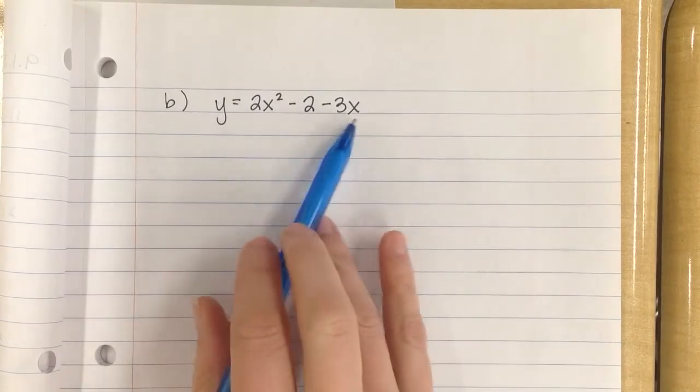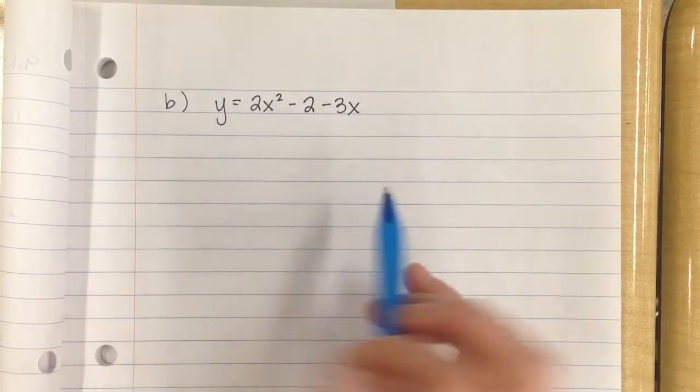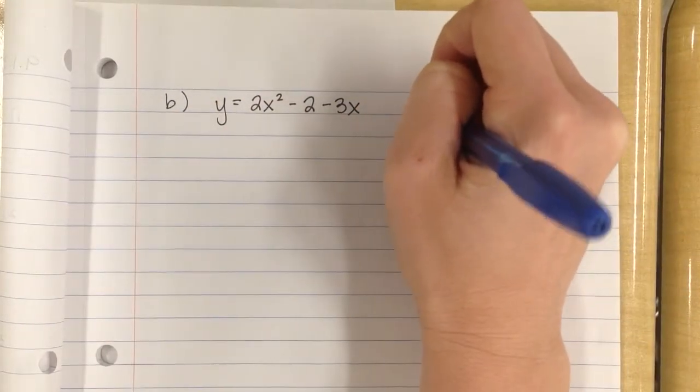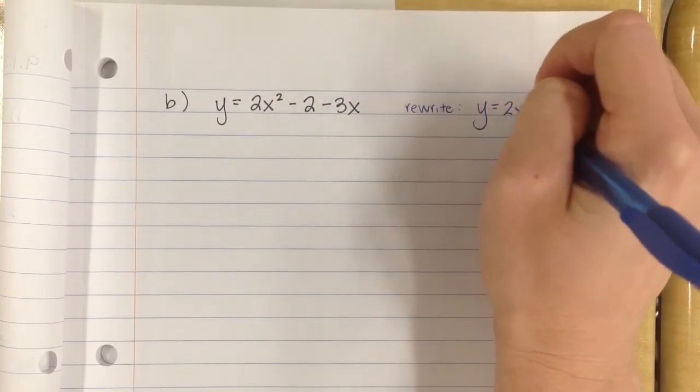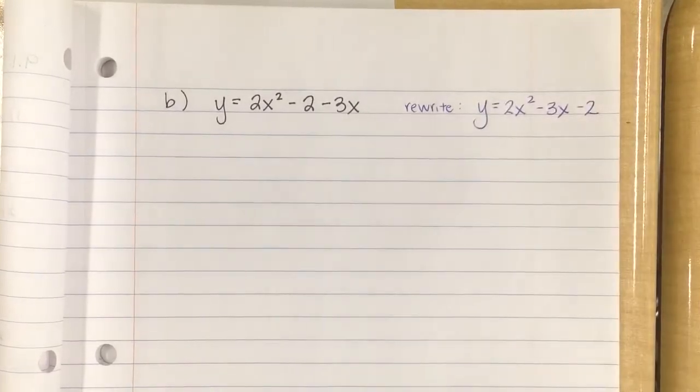They want me to not notice that the negative 3x is in the place where the c value should be. So the first step is to rewrite into actual standard form: y equals 2x squared minus 3x minus 2.